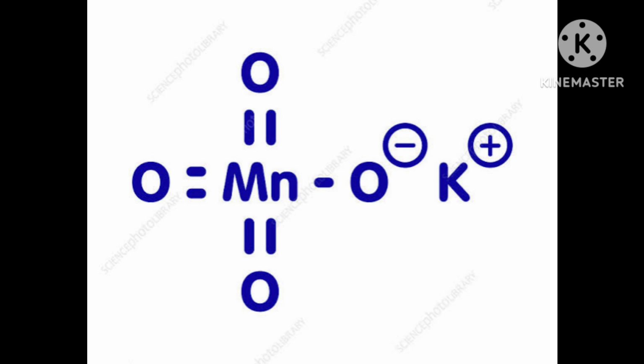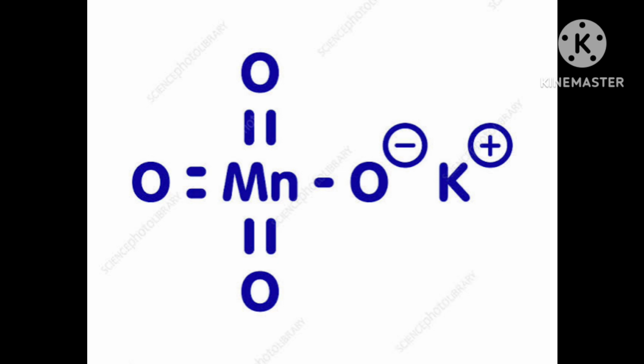If you see the electronic configuration of manganate, one electron is unpaired, that's why it is paramagnetic. But permanganate is diamagnetic, no unpaired electron is there.